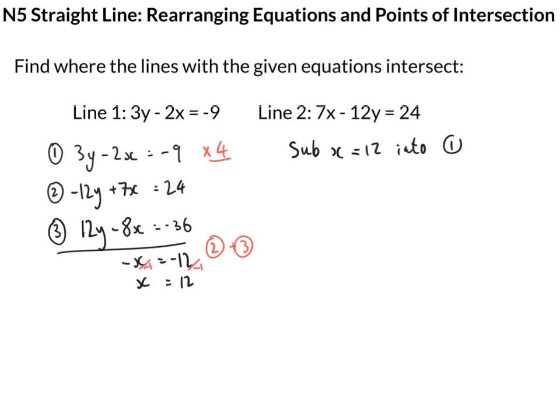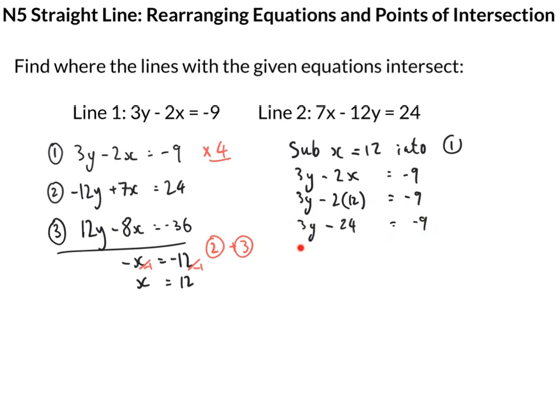So I know 3y minus 2x has to equal negative 9. 3y minus 2 12s equals negative 9. So I've substituted x for the value of 12. 3y minus 24 equals negative 9.